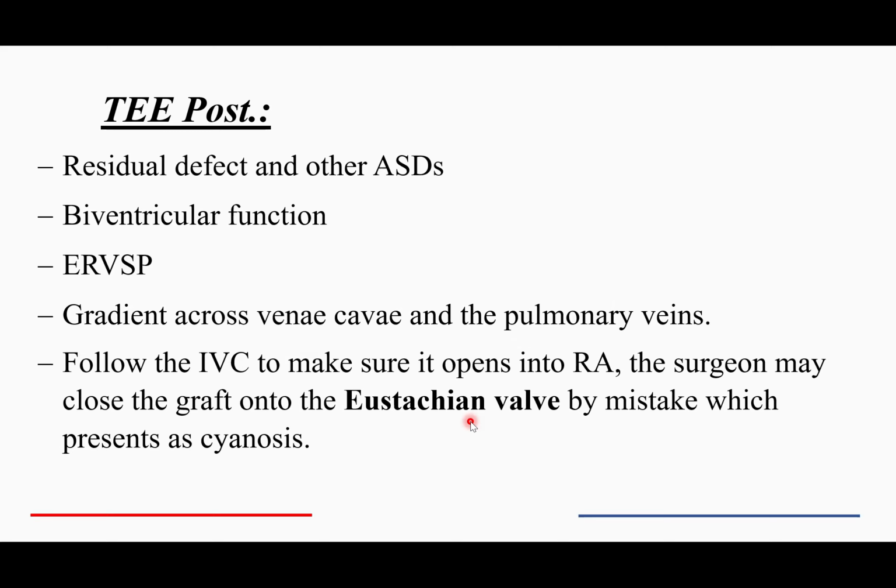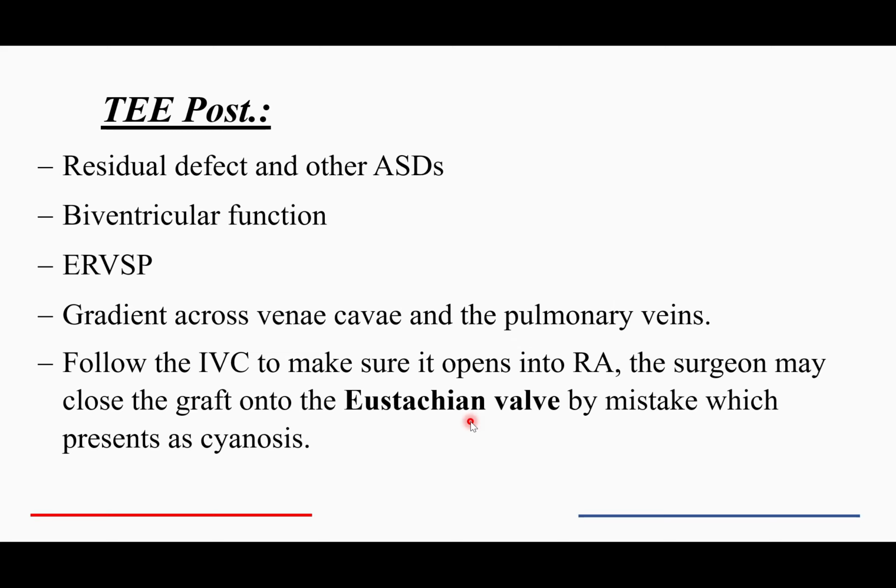Post-operative TE: residual defects across the ASD or the patch, other ASDs, biventricular function, estimated RVSP, right ventricular systolic pressure, gradient across the vena cava and the pulmonary veins, because the closure of the ASD, especially in sinus venosus ASD, may impair the drainage or narrow the orifices of these veins.